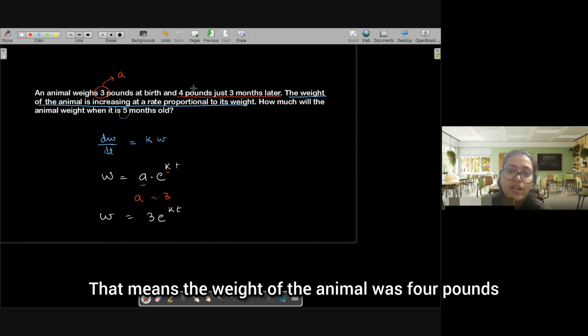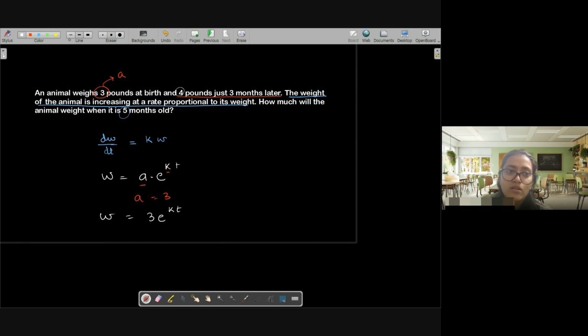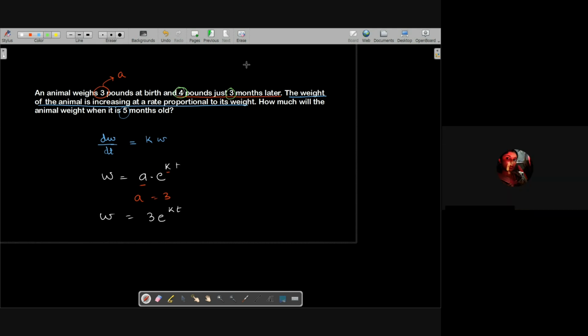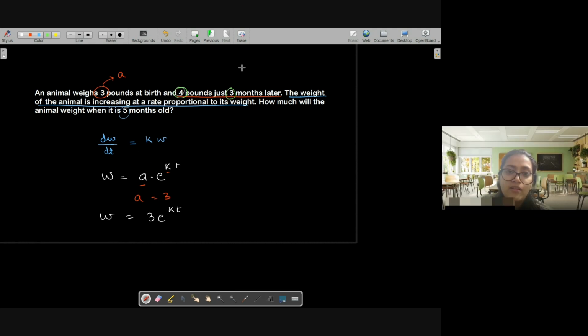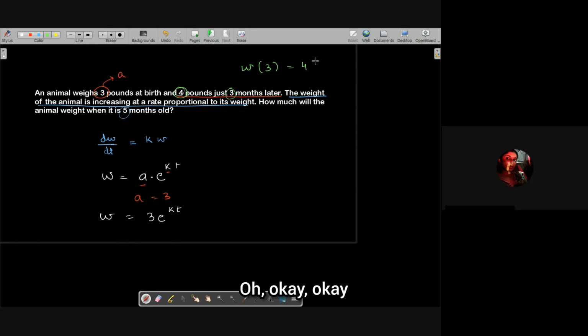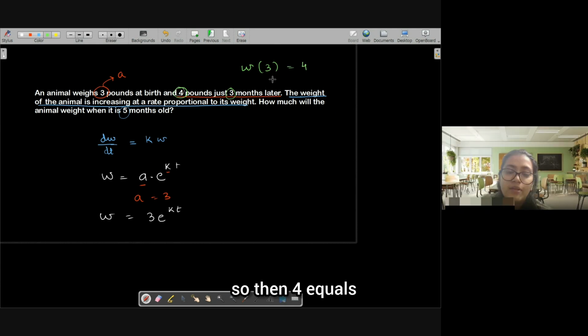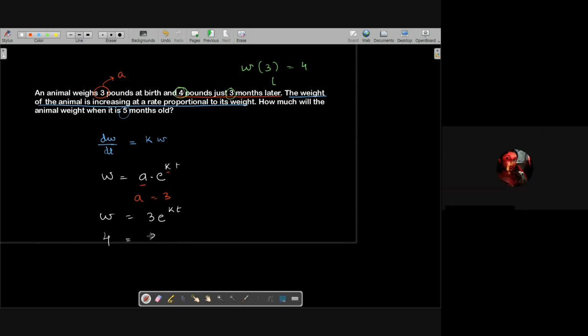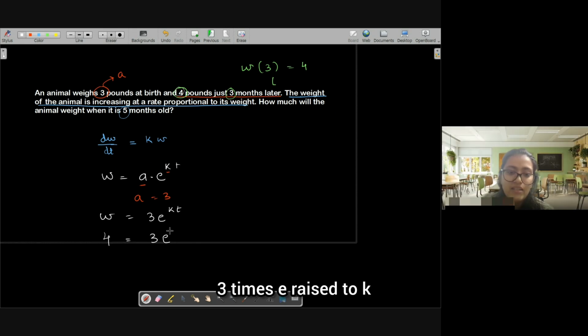That means the weight of the animal was 4 pounds after 3 months. So they have given w of 3 is equal to 4. That means 4 equals 3 times e raised to k times 3.